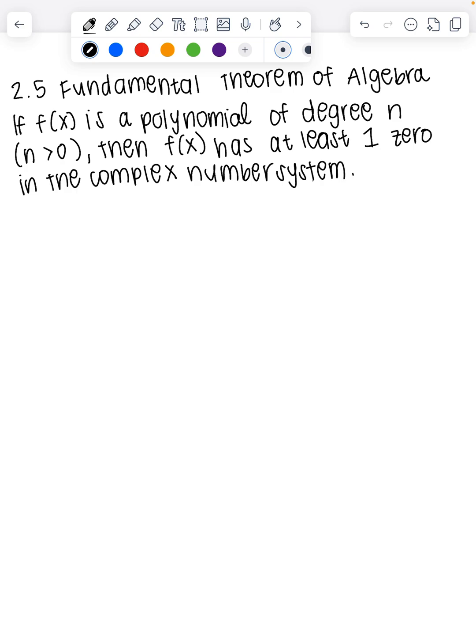Okay, so this means real, imaginary, or both, right?